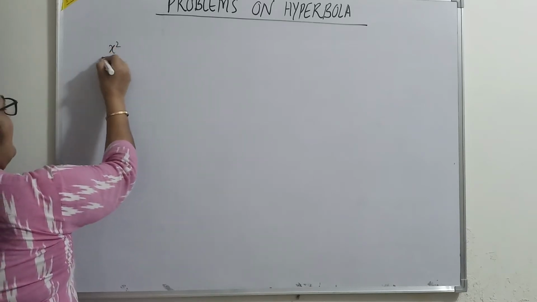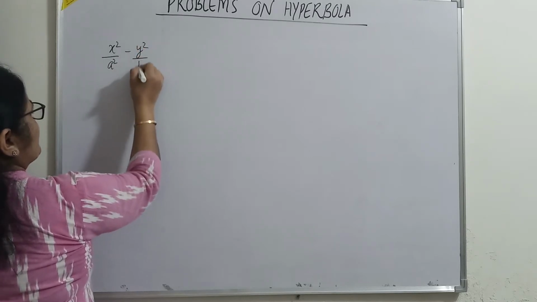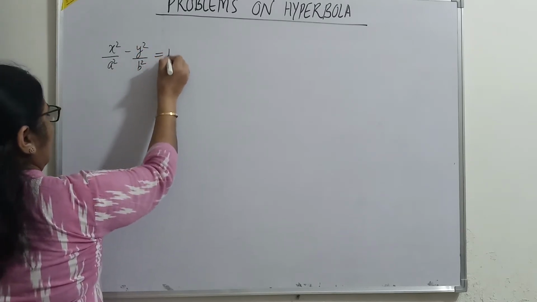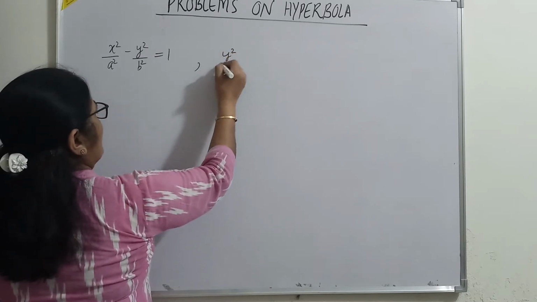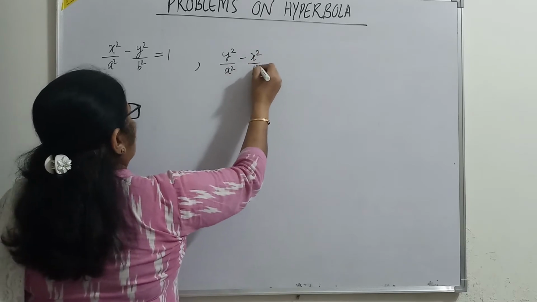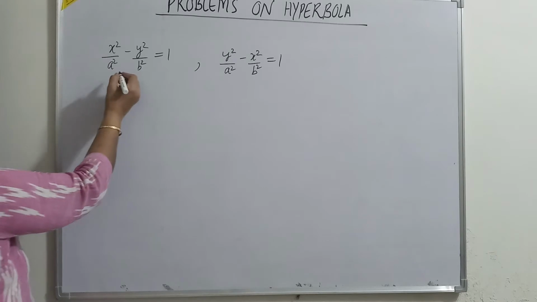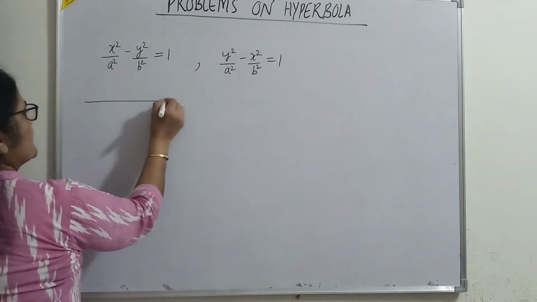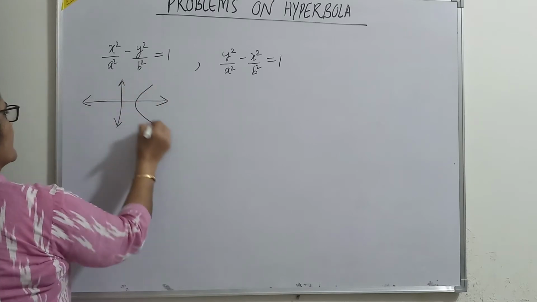The standard equation of a hyperbola is x square upon a square minus y square upon b square is equal to 1. And in the other form, y square upon a square minus x square upon b square is equal to 1. In the first, the transverse axis lies along the x-axis.